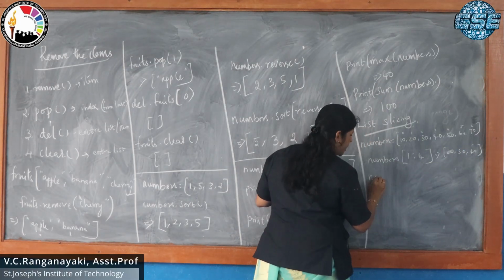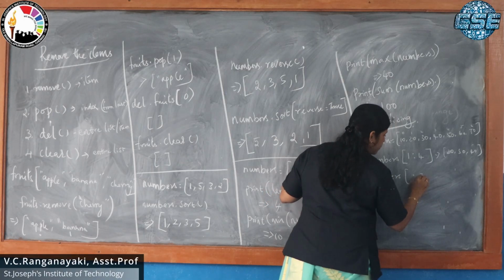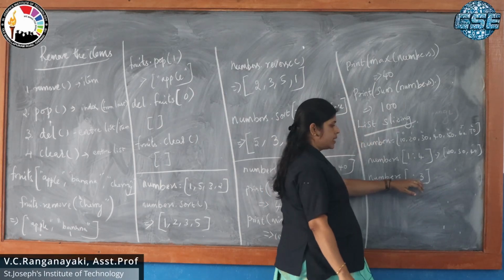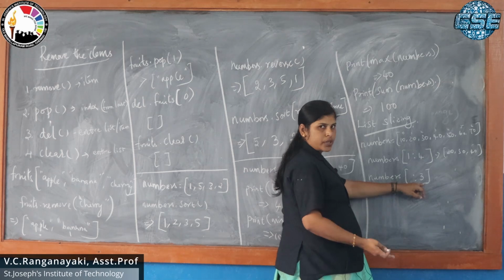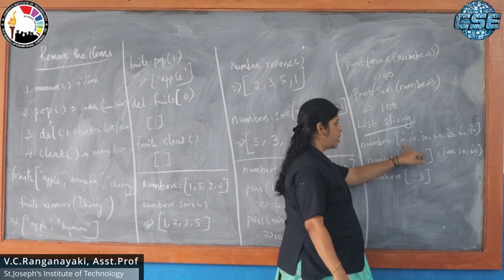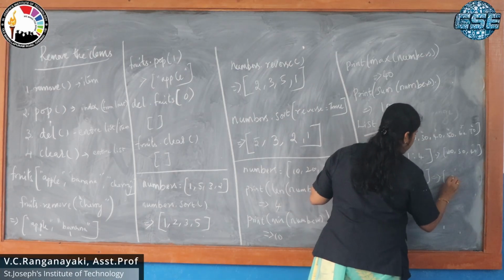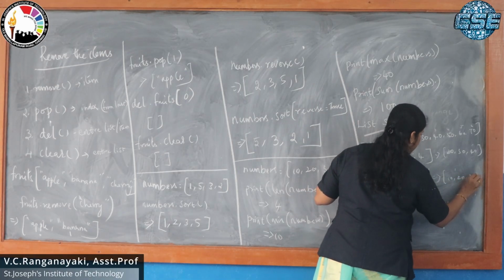So numbers[:3]. If I give it like this, it prints up to the second index because it stops before the number, right? So 0, 1, 2. The output will be 10, 20, 30.